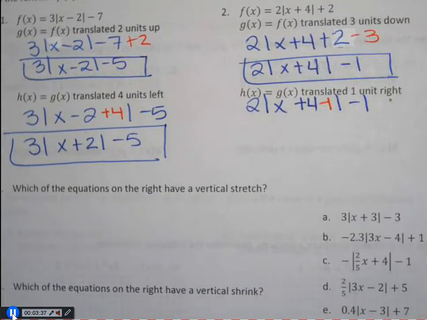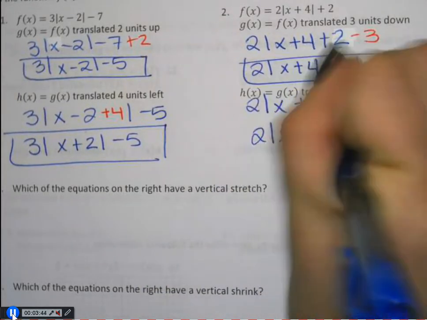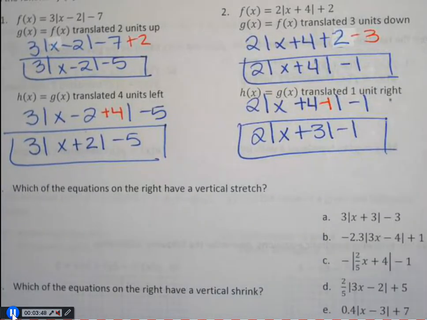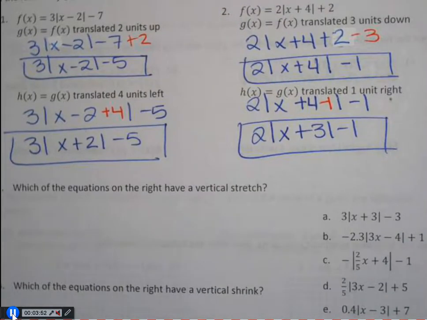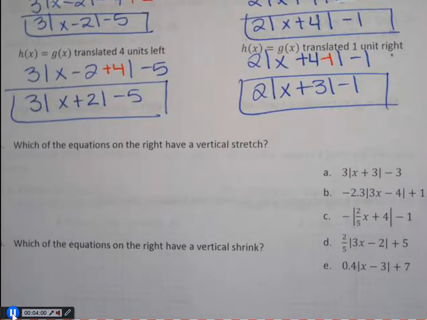Guys, be quiet. So 4 minus 1 is 3. So I have 2 absolute value x plus 3 minus 1. Questions on number 2. Anyone still need them?